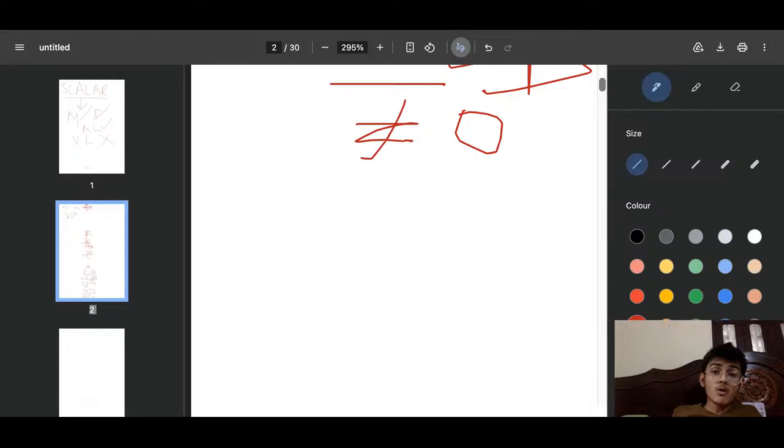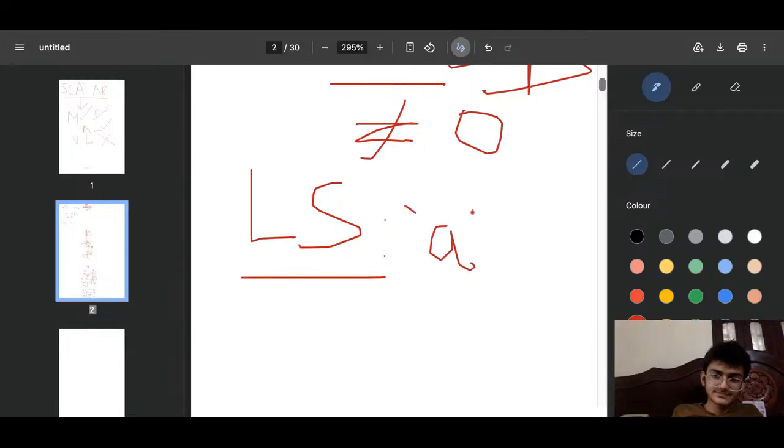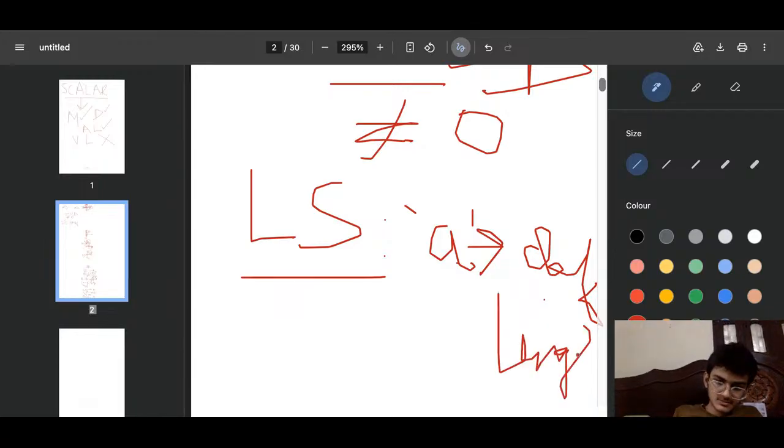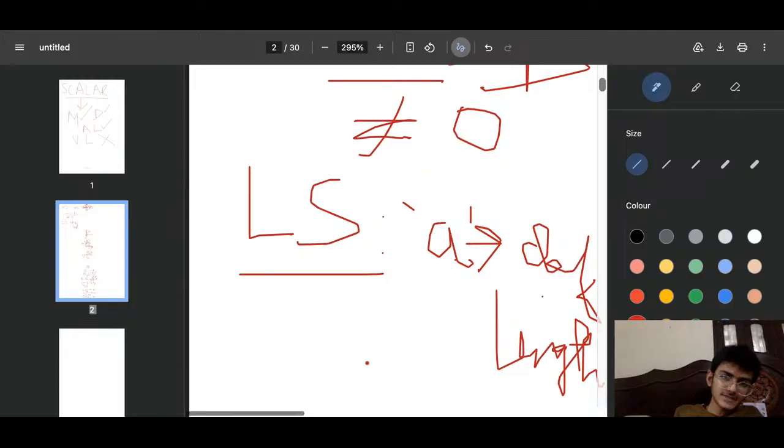Now we need a line segment. To define this, suppose I am drawing a line segment of definite length, say A. I'm not saying A is 5 units or 3 units. This time I'm saying A. This is A.